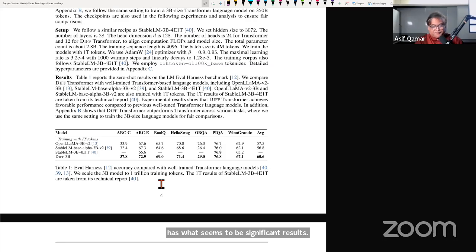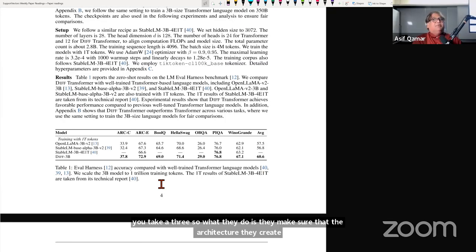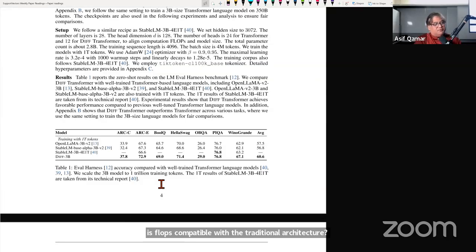So what they do is make sure the architecture they create is FLOPs compatible with the traditional architecture. It isn't automatically, because it has two different softmax computes. One can argue that you're doing literally twice as many computations in the attention.